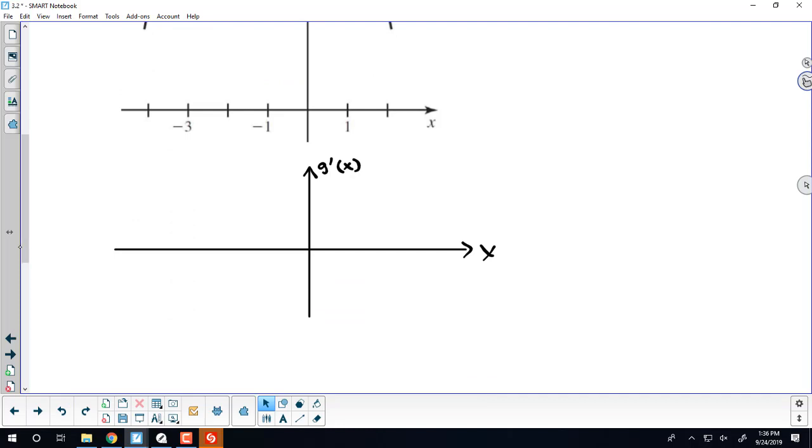X-intercepts. It gives you where the function is 0, or your x-intercepts. So we've got an x-intercept on the graph of the derivative at -3, at -1, and at +1. So the slope of the tangent line is horizontal, which means it's 0 here, here, and here.